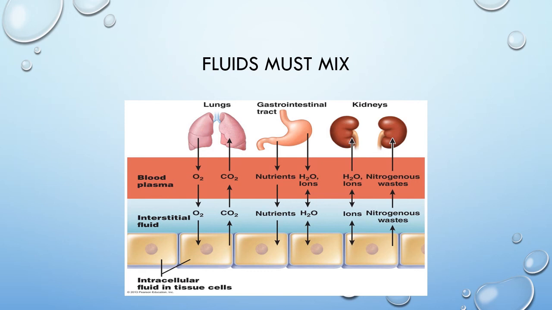Because plasma is formed everywhere in the body, blood plasma also connects internal and external environments. Exchanges between the three systems that I have on here, respiratory system, digestive system, and kidney or urinary system, they all have that same blood plasma going through each of them.